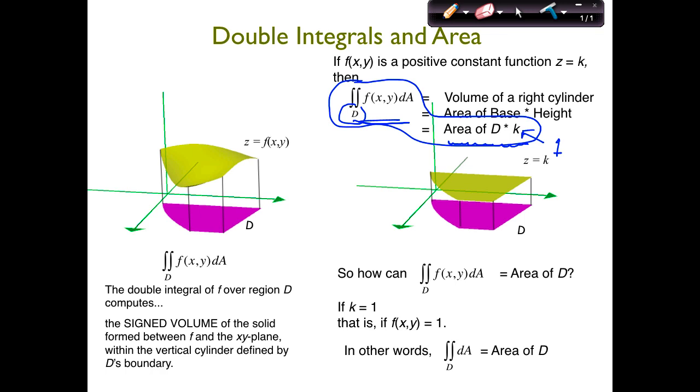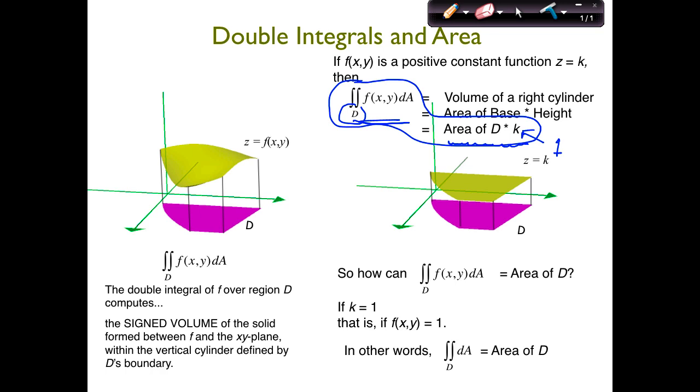Signed volume. But we can trick it to get us the area for us, right? How do we do that? Make the function 1. If you make the function 1, then you're finding the volume of a right cylinder whose height is 1. And that volume will be the same as the area of D.